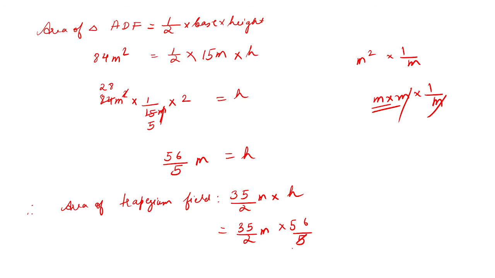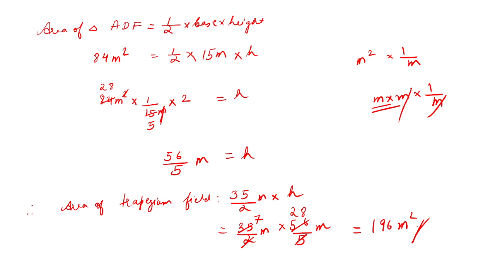So you do this. 5 into 7s are 35. 2 times 2, 2 times 8. There's a meter here. Therefore, you take the multiplication of 28 into 7. What do you get? 196 meters square. Clear?